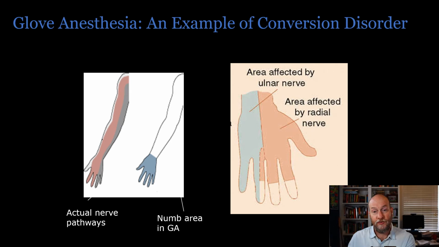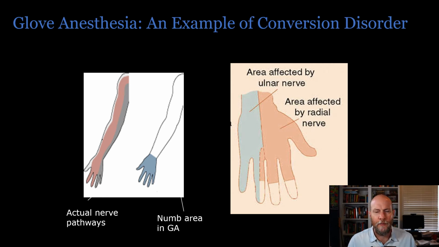Because of the way the nerves are set up, the likelihood of having both with the exact same impairment is extremely low. So when someone comes in and says, my entire hand suddenly went numb and it won't go away, you want to start thinking differentially, as opposed to someone who comes in and says, I'm having numbness and tingling in these two fingers or these three fingers, or vice versa. That is more consistent with the actual nerve pathways.